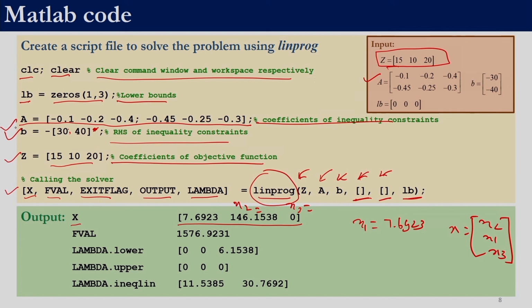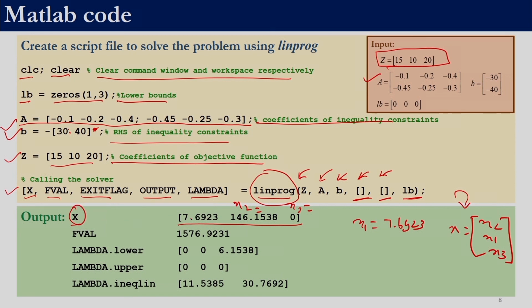Similarly, this A would have changed. In that case, the answer which we would have received is 146.15 as the first value. So the order in which we are supplying the input has to be consistent for the constraints as well as the objective function and the lower and upper bound. The solution that we obtain will be in the same format.